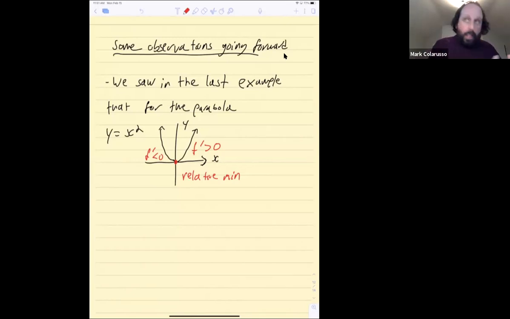These examples give us hints as to what we should be looking for in calculus terms to find these relative mins and relative maxes.